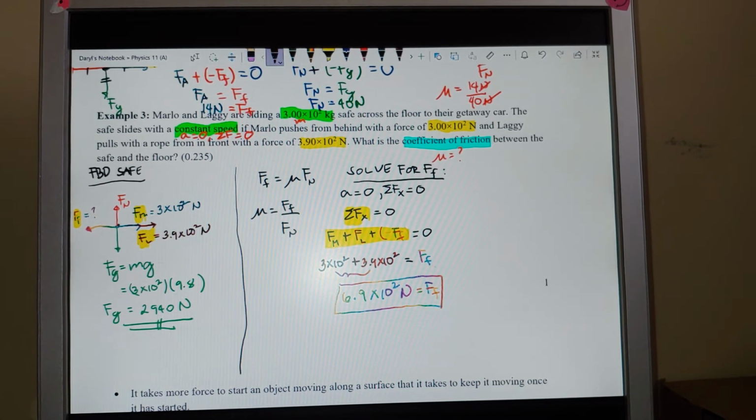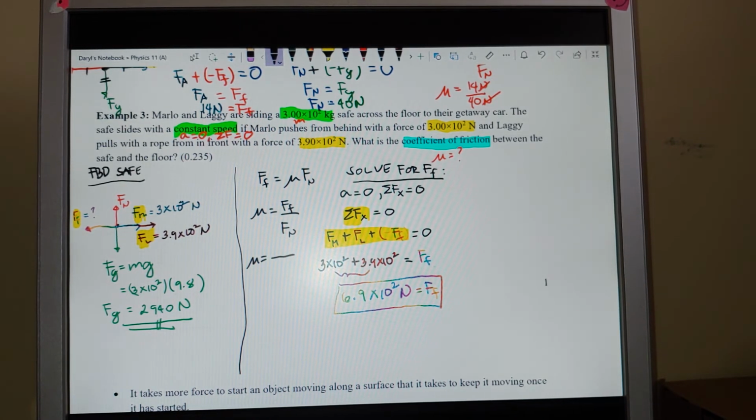So now, if we go back to our mu, FF is given by 6.9 times 10 to the power of 2 newtons.